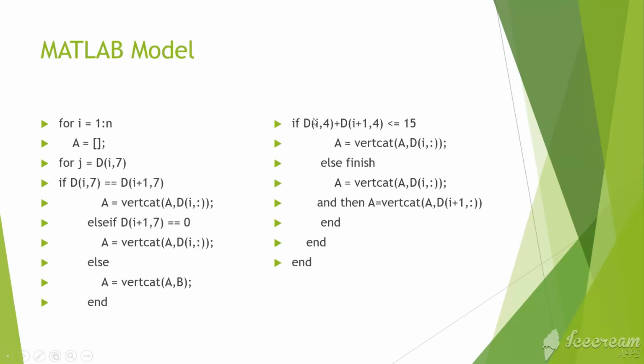If the sum from the current customer to the next customer is less than 15, then we go on. Else, if C is 15, then we finish the travel of the previous customers, and then come back to pick up the next customer.